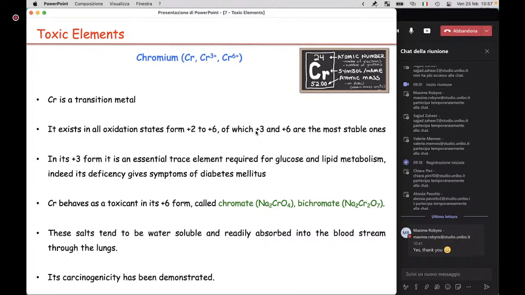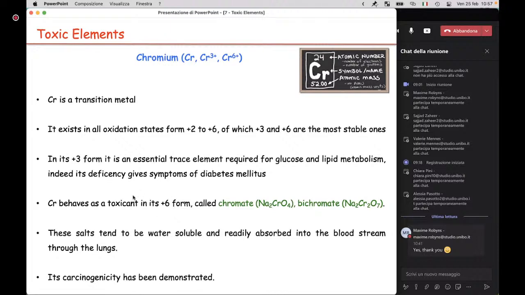So we need small amounts of trivalent chromium, in particular for glucose metabolism. Lack of trivalent chromium causes something like diabetes. But the +6 form is instead a really toxic element.